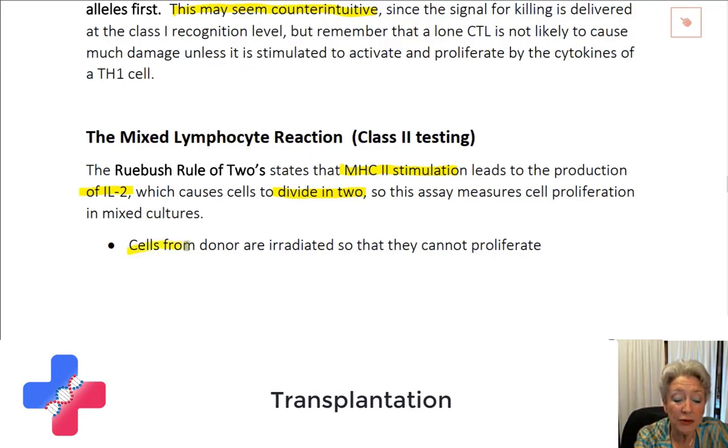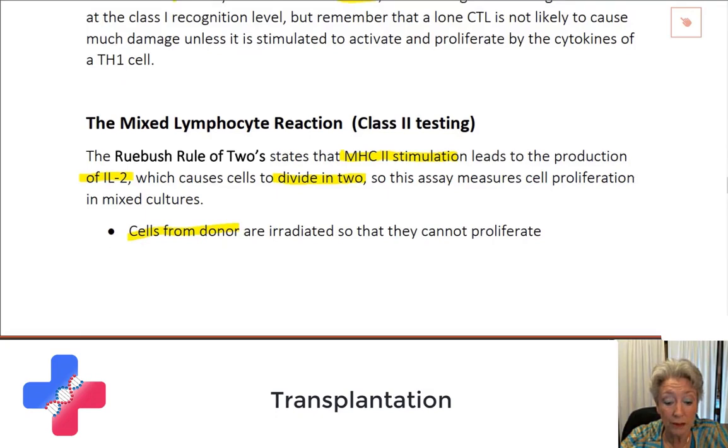I'm going to take the cells from the donor and irradiate them so that they cannot proliferate. Okay? I'm asking the question if the recipient cells recognize the donated cells as foreign. So I want the donated cells not to be dividing. I'm asking if the recipient is going to destroy the donation.